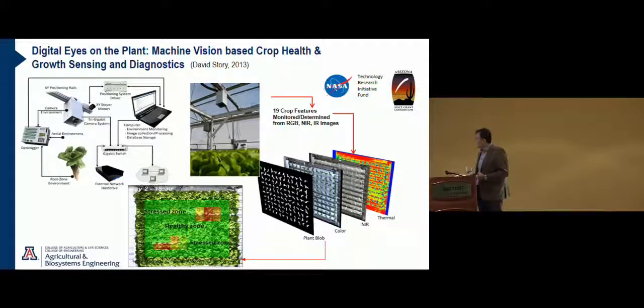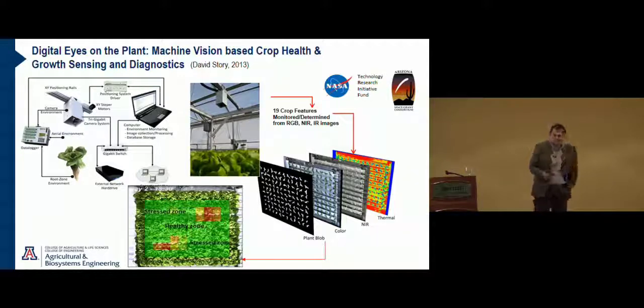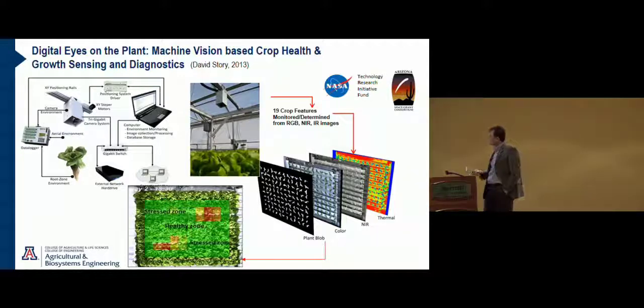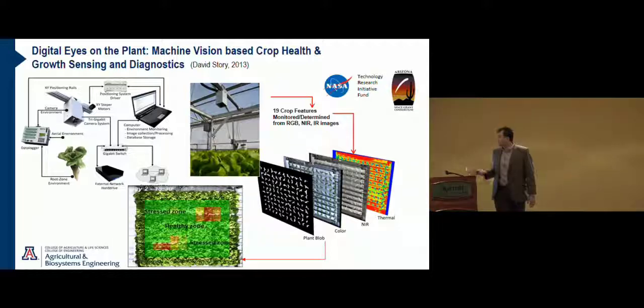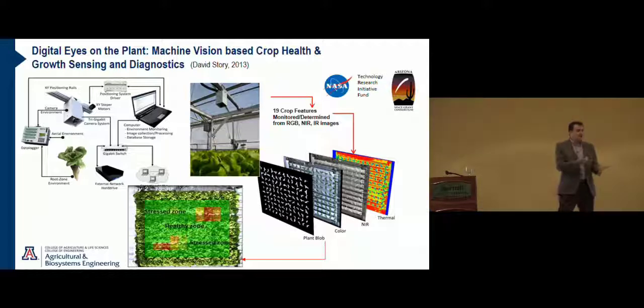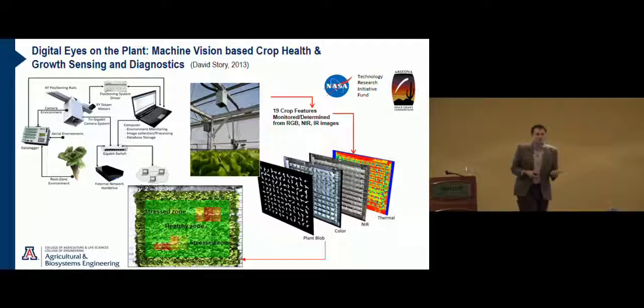Here's an application that we conducted as part of our research in our lab. Our next speaker, Dr. David Story, I had the pleasure of working with him, and maybe he can describe this in a little more detail in his presentation. He constructed a multi-camera based system where you can look not only at the color, but the texture and temperature information on the plant, and provide the user a final image where a troubling spot or anomalies might be present in that production system to further look at the plant canopy.